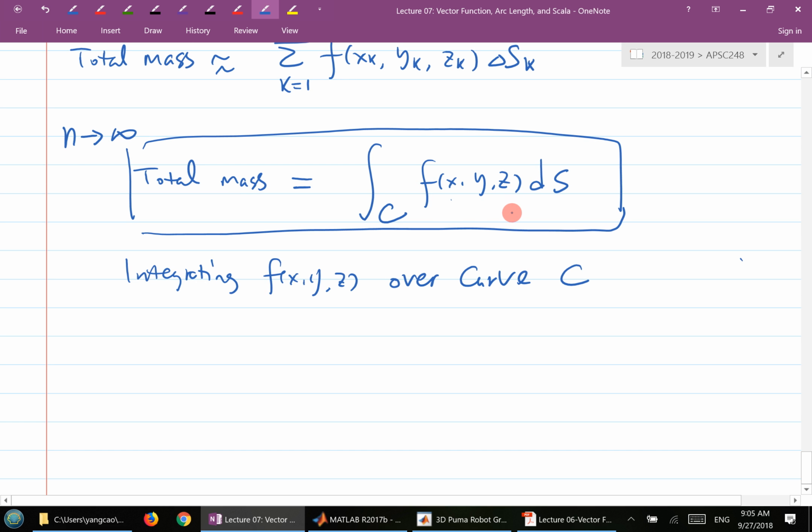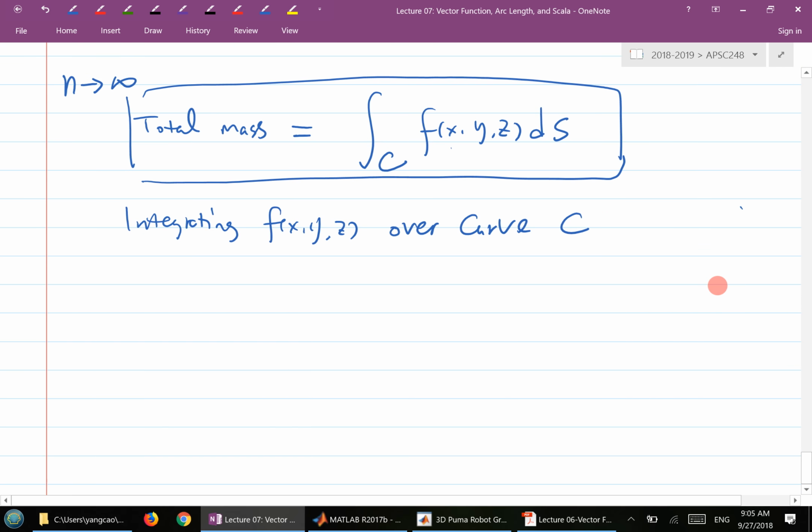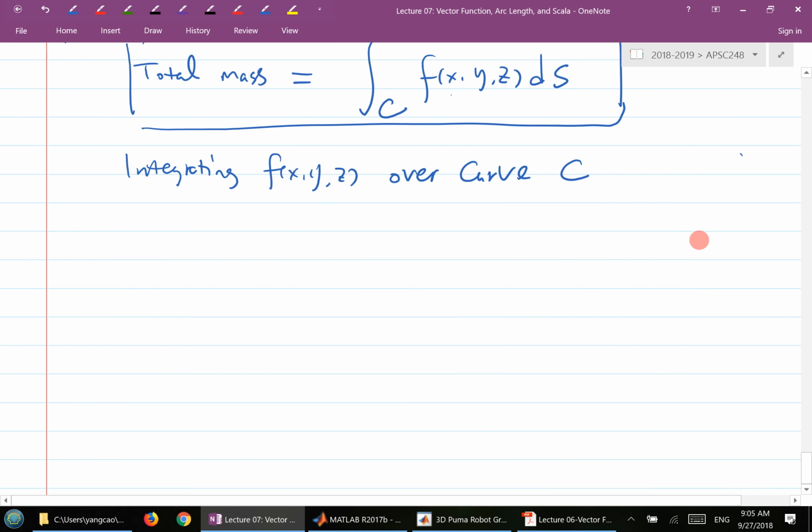Not much difference. So what about the 2D case? Let's think about a 2D case. Let's say I have a piece of wire within the xy plane, r of t. Because it's 2D, the r of t will only contain x of t and y of t.